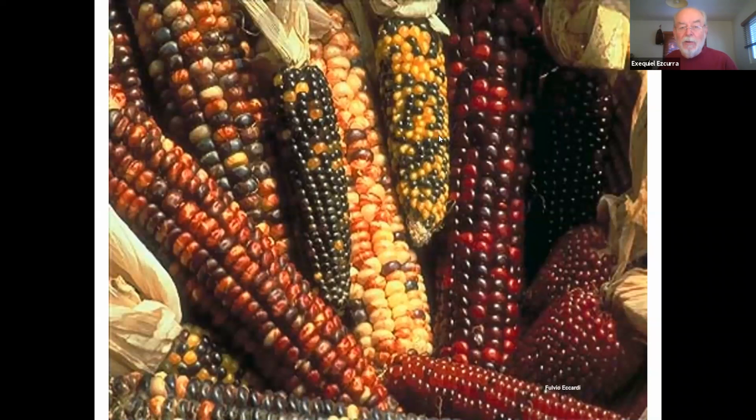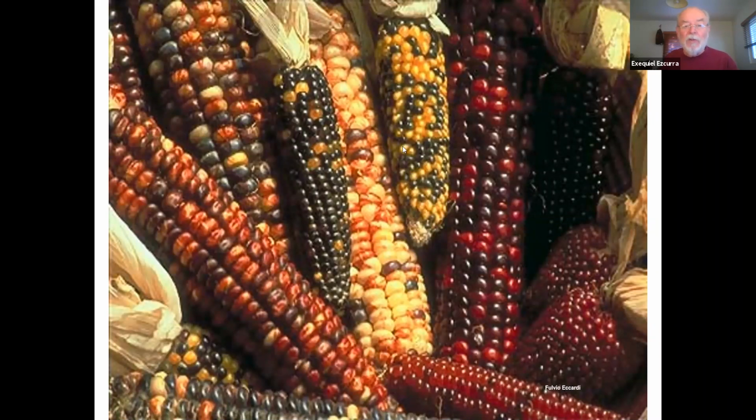And basically, when you see these corn grains that have different colors, they're very much used in the United States for Thanksgiving, these beautiful corns. Very often, many of these corns derive from native varieties cultivated by Native Americans, or from other native groups in the South, in Mexico or Central America.